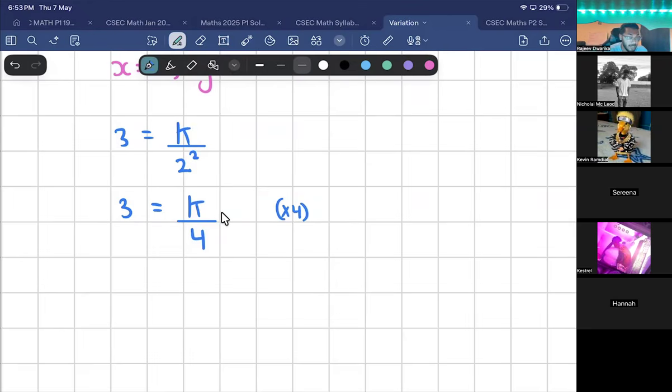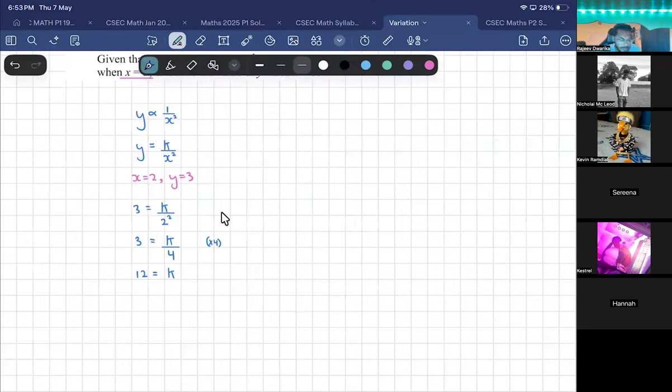And if I do it on one side, I need to do it on the other side. So 3 times 4 is 12. And we know for sure that the 4 and the 4 would cancel off over here, so it will just leave me with k. So, good. I know what k is. k is equal to 12.